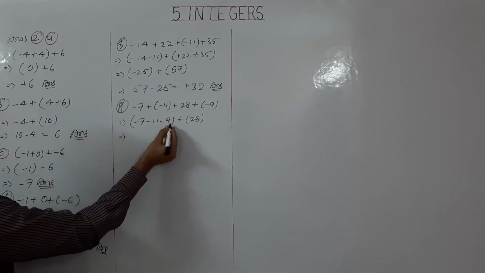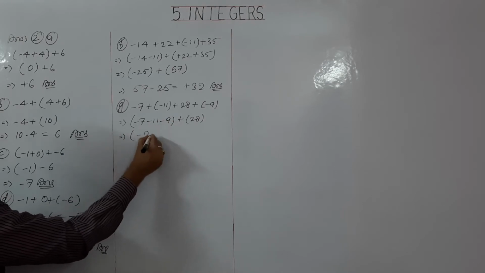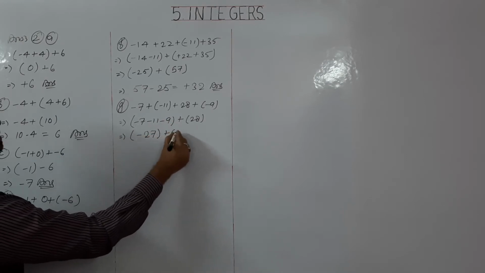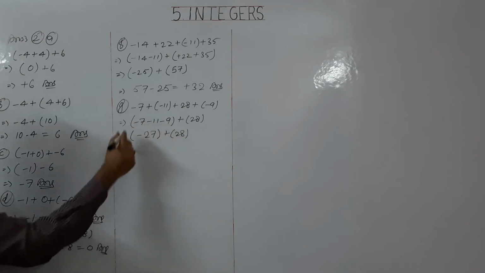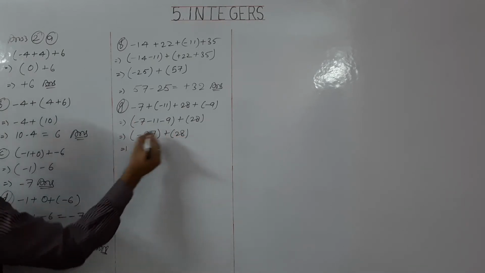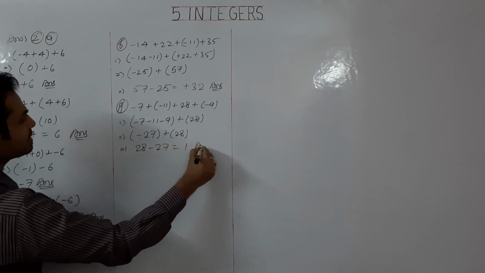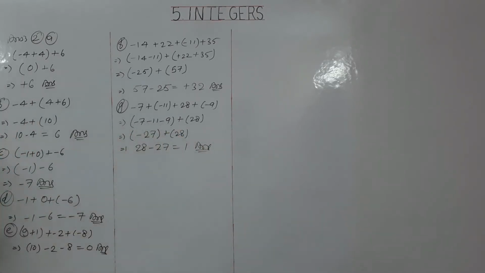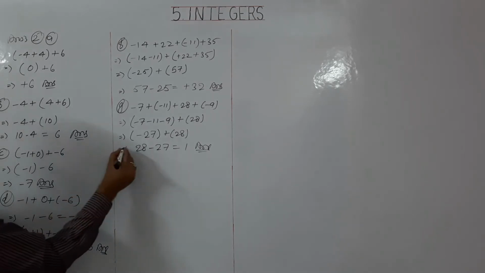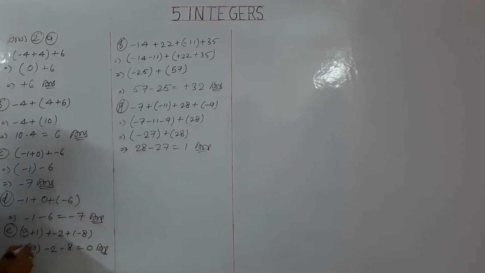Minus 11 minus 9 is minus 20, and minus 20 and 7 is minus 27, plus 28. Now we have two numbers, negative and positive. So 28 minus 27 is 1 or plus 1. So plus 1 is the answer. So using properties of addition, we can simplify them easily.